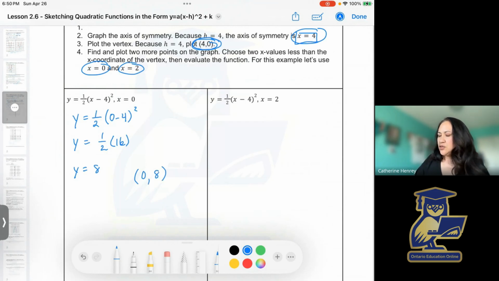Then I wanted to use x equals 2, so I'll plug that into the function: y equals 1/2 (2 minus 4) squared, y equals 1/2 times 4, and y equals 2. So another point I can graph is (2, 2).